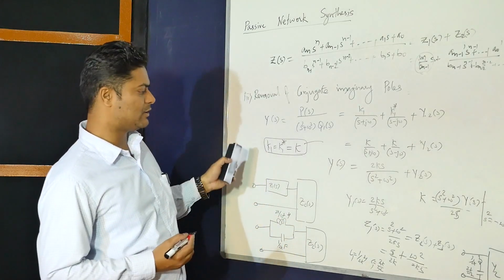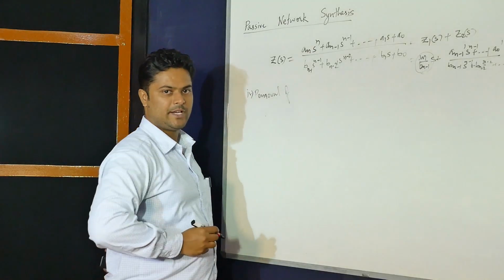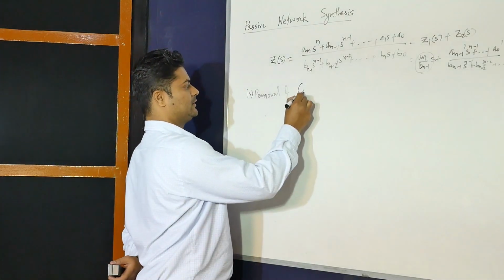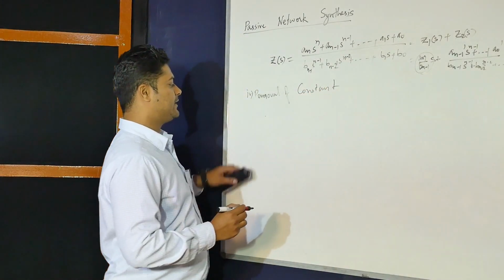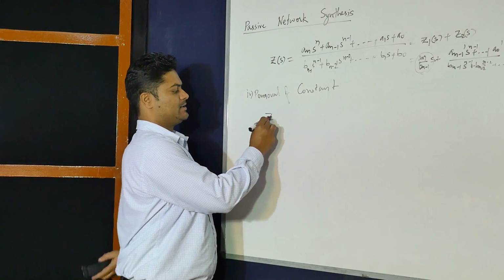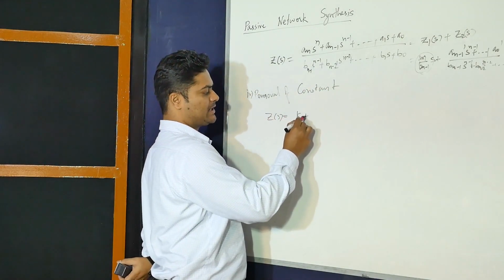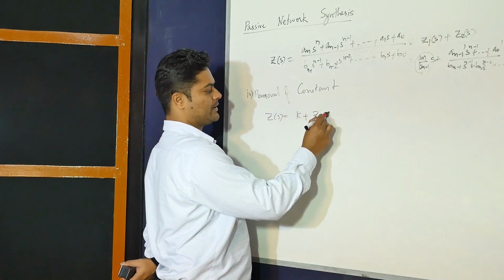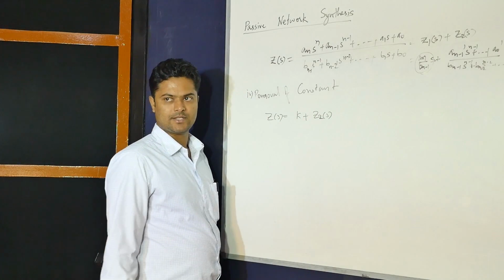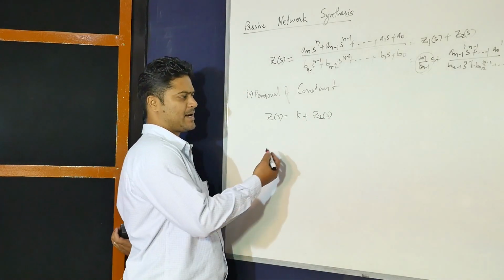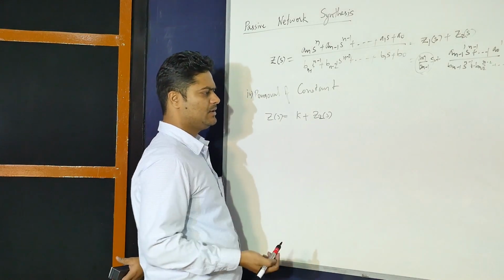So the last one left out is removal of a constant. Coming to the removal of a constant, a given z of s can be written as some constant plus z2 of s. My constant is my z1 of s. Given any partial fraction expansion, we can remove the first.